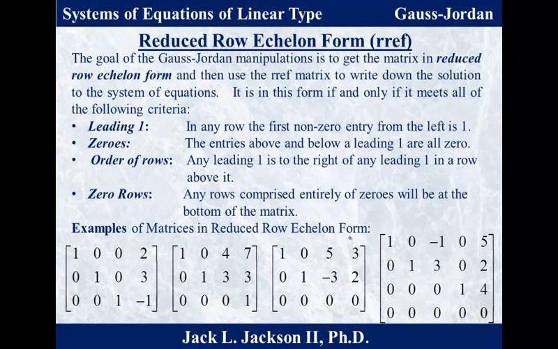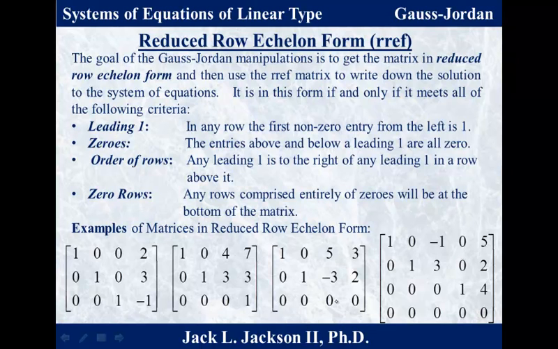First of all, you have leading ones. In any row, the first non-zero entry from the left is 1. So notice all these examples down here are in reduced row echelon form. Every row could have some zeros at the beginning, but the first number you come to from the left that's not a 0 has to be a 1. Okay, so notice that's true here, here, here, here, here, here, here, here.